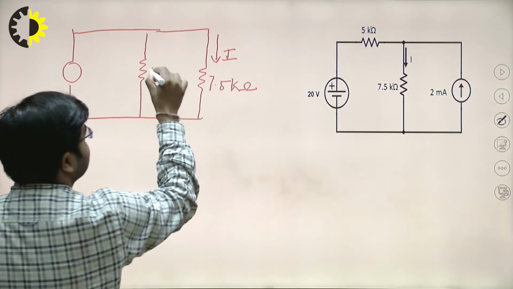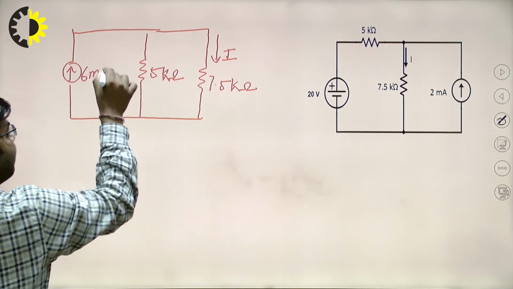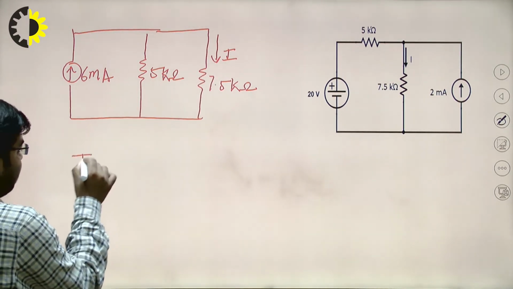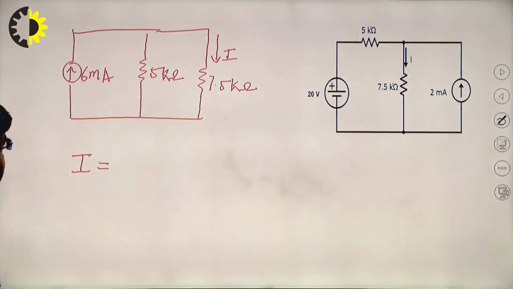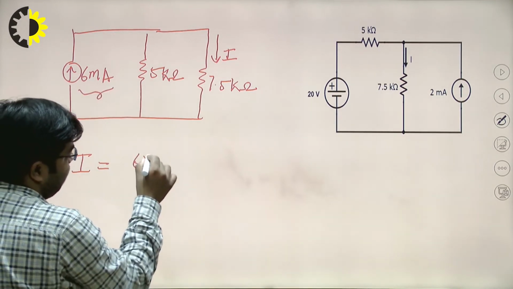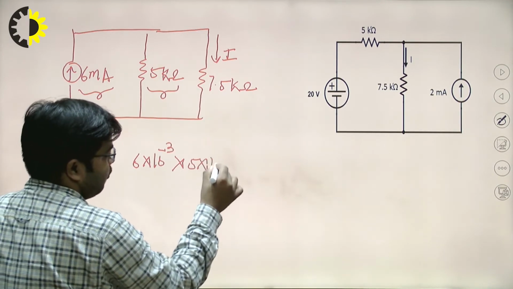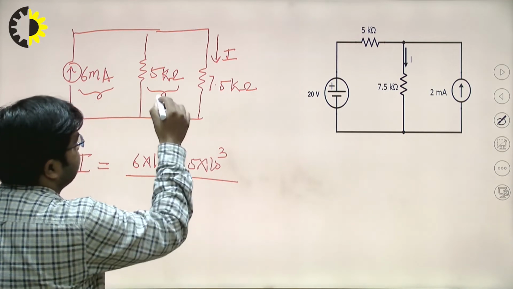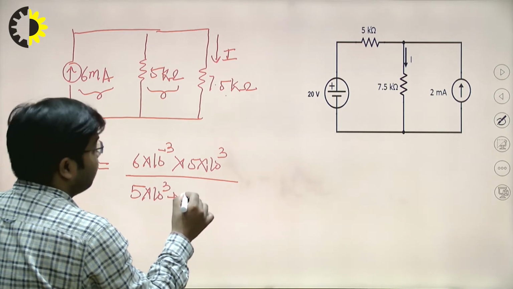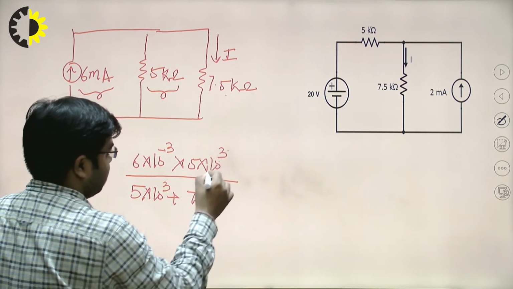This is current I and this is 5 kilo ohm and this is 6 milliampere. Now you can calculate this current I by using the current division rule. So this current I through 7.5 kilo ohm resistance will be equal to 6 into 10 raised to power minus 3, multiplied with this resistance value 5 into 10 raised to power 3, divided by 5 into 10 raised to power 3 plus 7.5 into 10 raised to power 3, so this will cancel out.